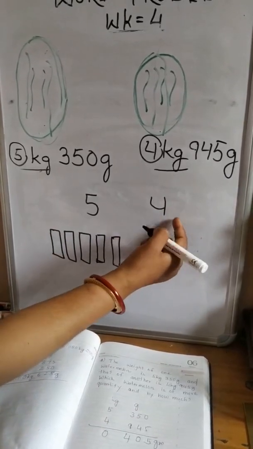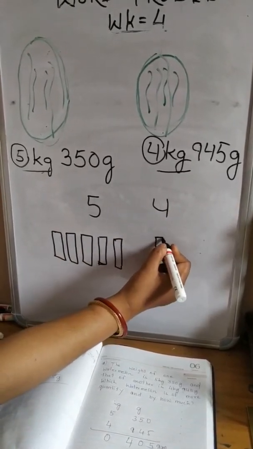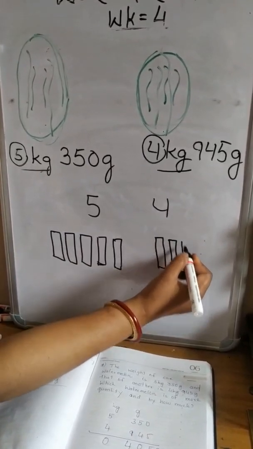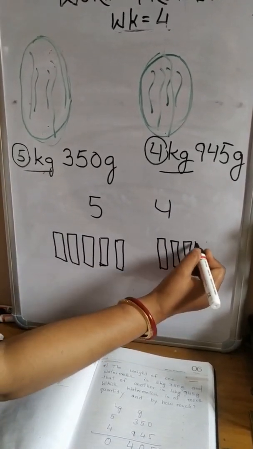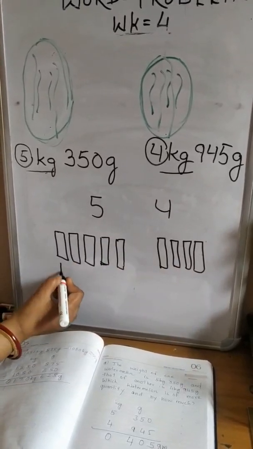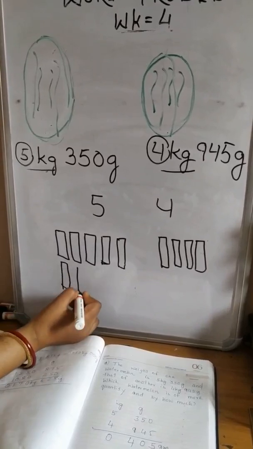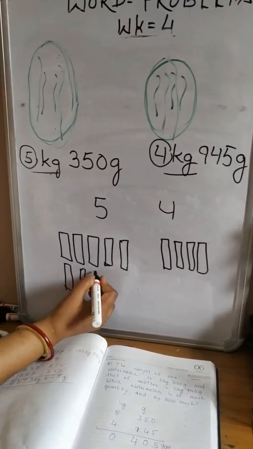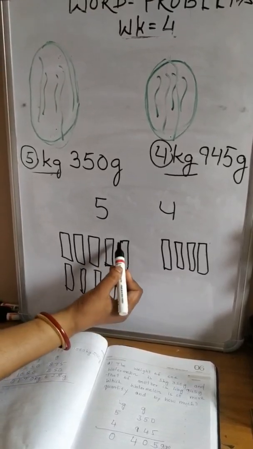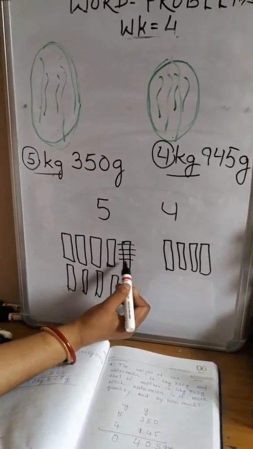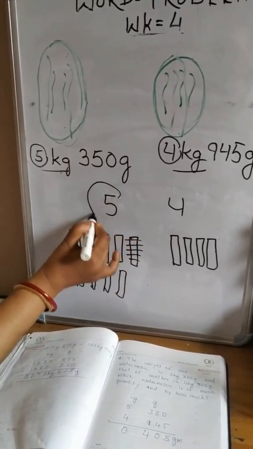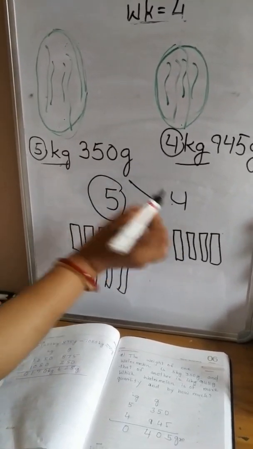And to this watermelon, I will give 4 chocolates. So which one's quantity is more, 5 or 4? Let us see, match with 1, 2, 3, 4. So here in 5, 1 is left. This one is left. So which one is having more quantity? This 5 is more than 4.